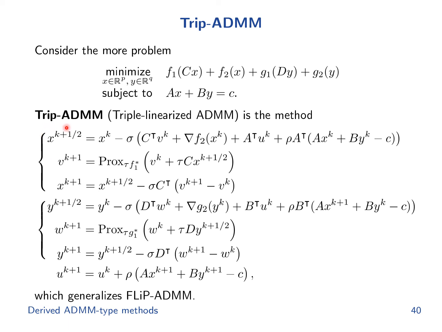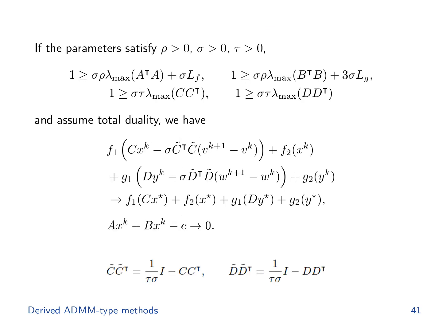And triple ADMM generalizes FLIP-ADMM. So it also generalizes doubly linearized ADMM. It generalizes linearized ADMM, which further generalizes Condat-Vu and PDHG. Under these parameter conditions and under strong duality, define these C tilde and D tilde matrices.